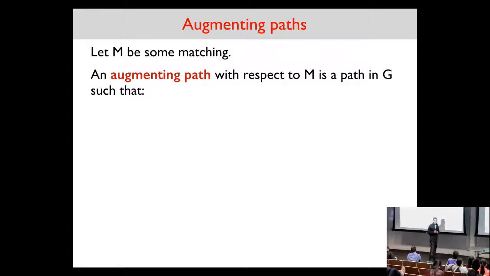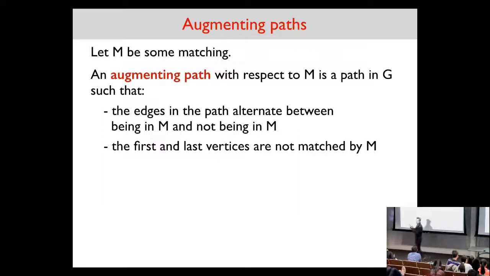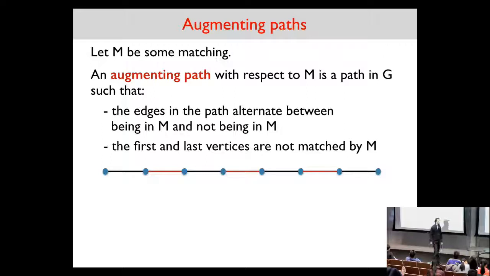If M is some matching, an augmenting path with respect to M is a path in the graph G that satisfies two things. The first is that the edges in the path alternate between being in the matching and not being in the matching. In the matching, not in the matching. And the second thing is that the first and the last vertices in this path are not matched by M. They're not incident to an edge in the matching M. So basically it looks like this.